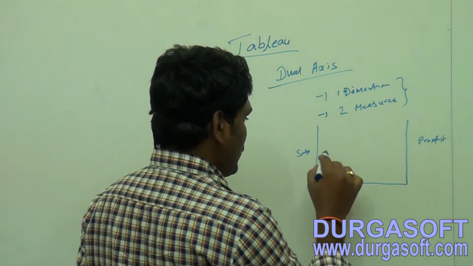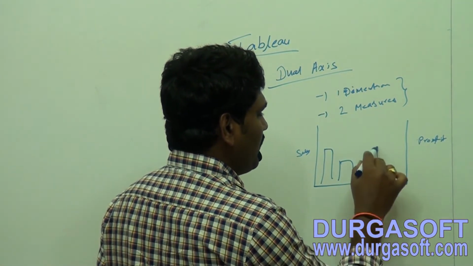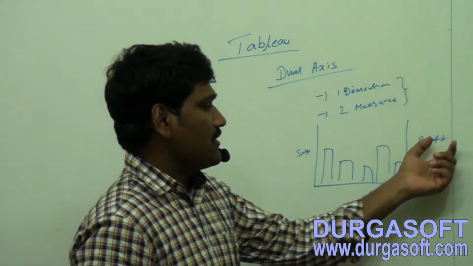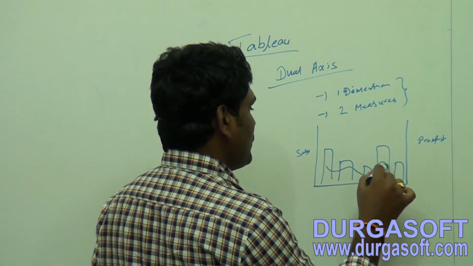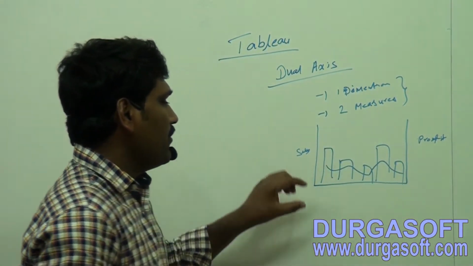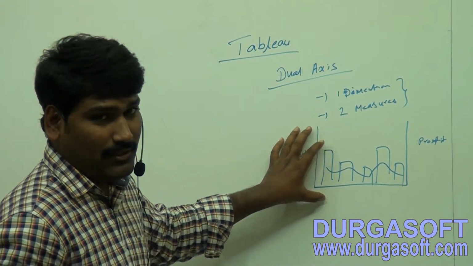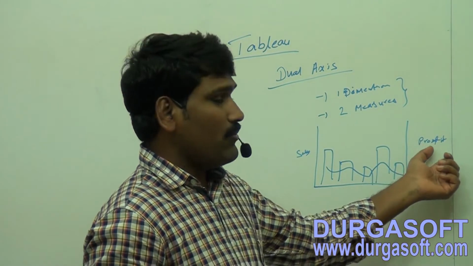Now the sales is represented with the bar, and the profit I am applying with the line chart. That means the bar gives you the sales data, and the line gives you information about profit.